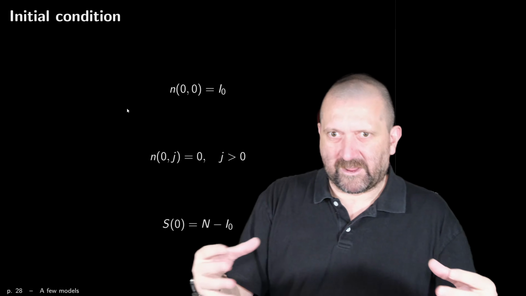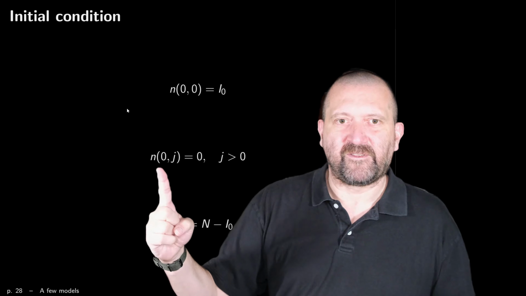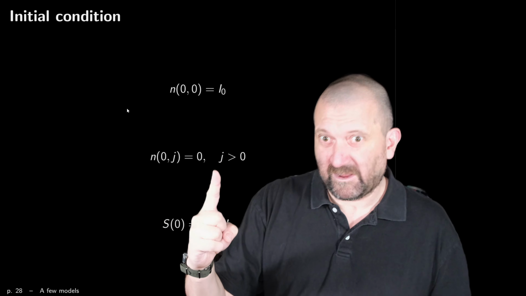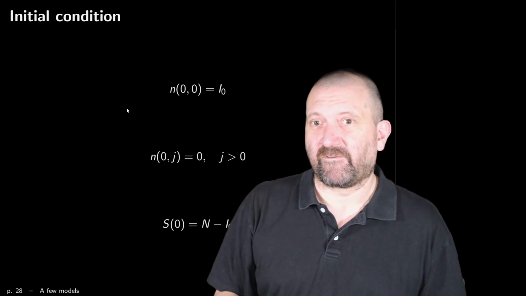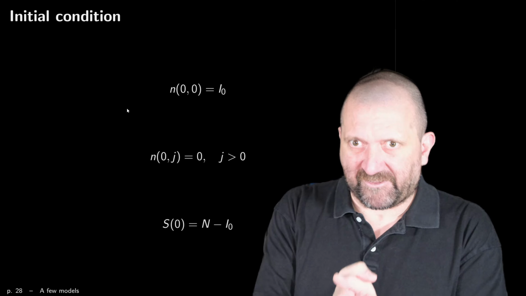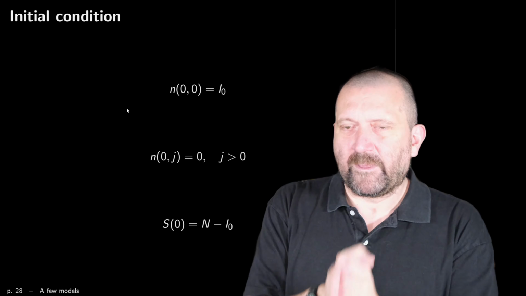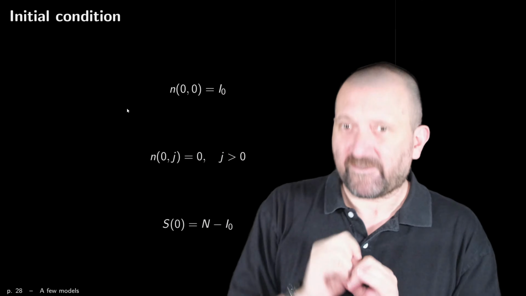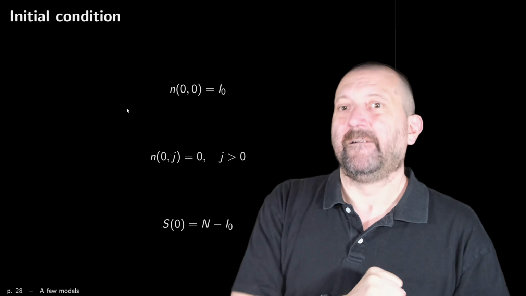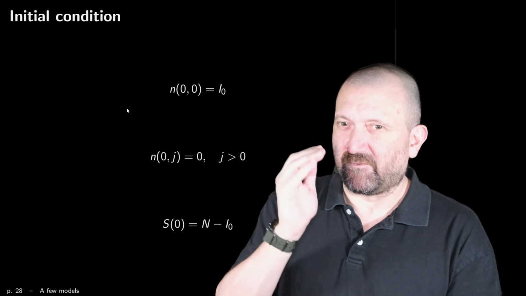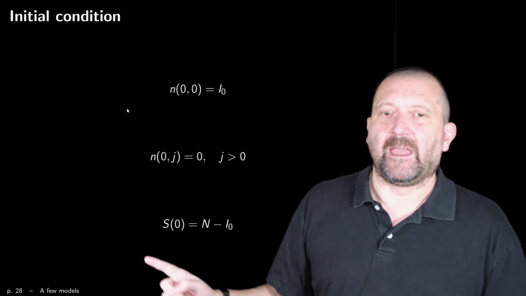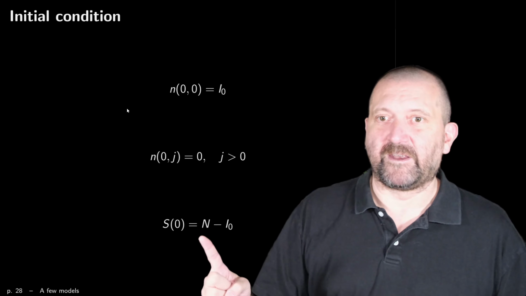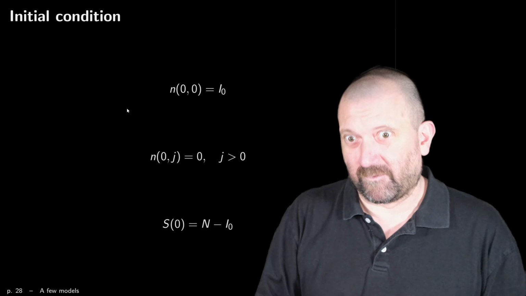So at time 0, for infection ages greater than 0, the number infected is 0. You're assuming that at the start of the process, all the individuals who are becoming infected, so that I0 corresponds to individuals who got infected that day. And then the initial condition in terms of the number of animals is the number of animals on the farm minus the ones who were infected at the beginning.